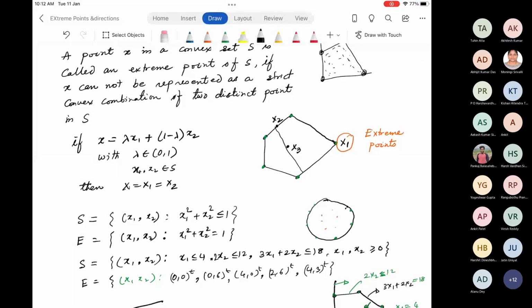Whenever we put lambda equal to 1, then we directly get x equal to x1. So we can write x1 as the convex combination of two distinct points, no sir? Other than x1, we need to write it with other two points, or else x1 can be included. It is an extreme point only if x itself equals x1 or x2.